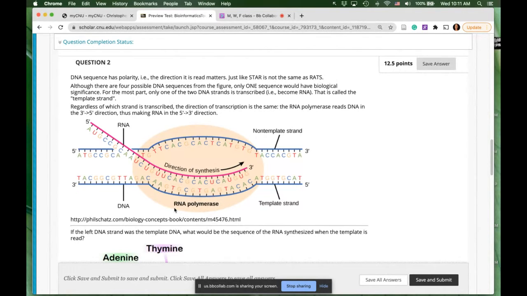This enzyme is reading one of these two DNA sequences. At this point, I haven't told you which one, and it's making an RNA molecule.